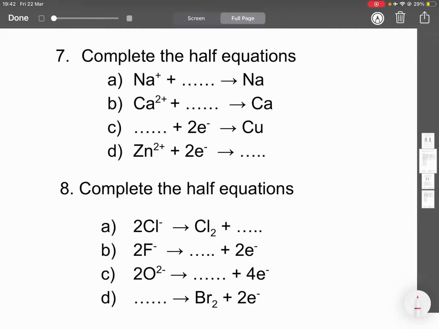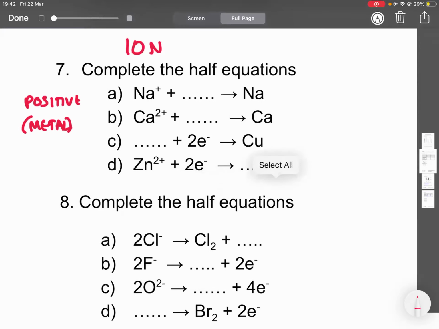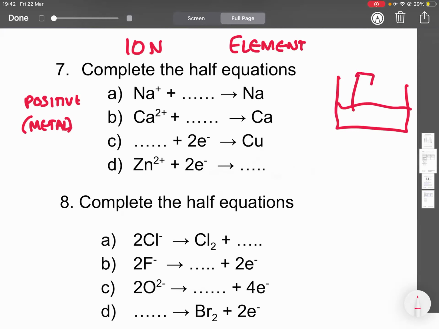If it's a positive, or if it's a metal, the half equations are kind of easy. You get the ion, and it always turns into the element, which is what we want. We want the metal. Basically, the metal goes to the negative electrode and coats around it, and then you just peel it off, and then you get the metal all by itself.